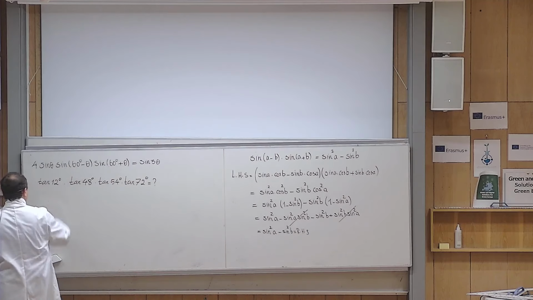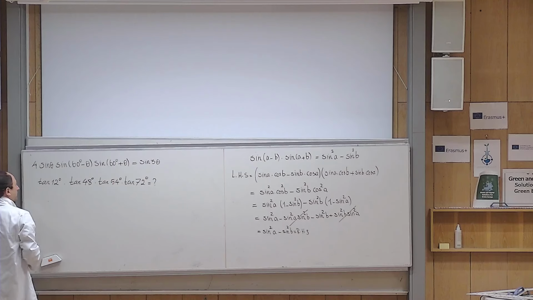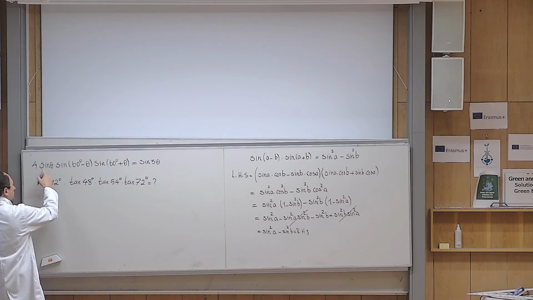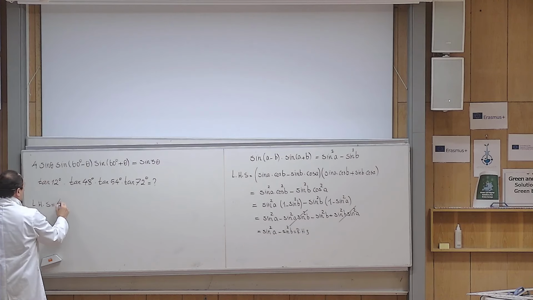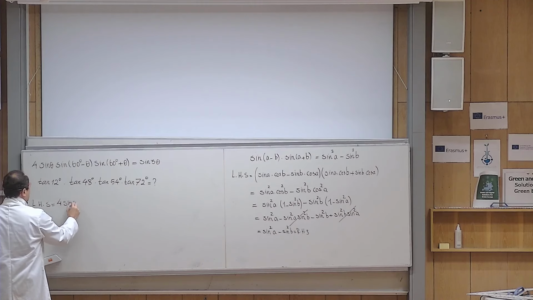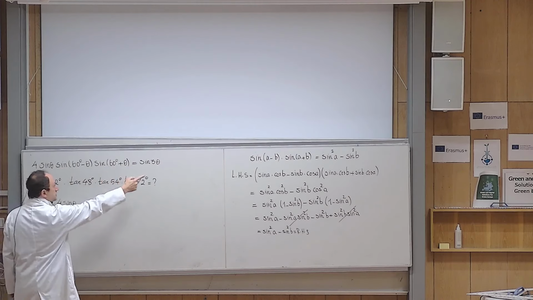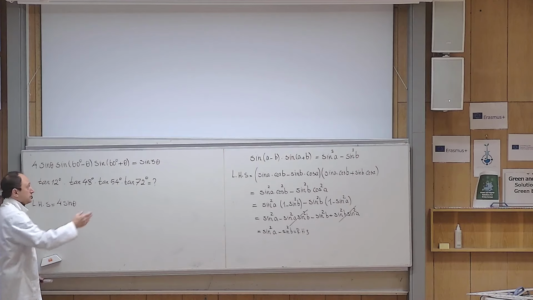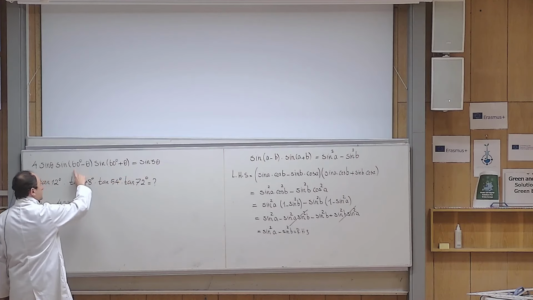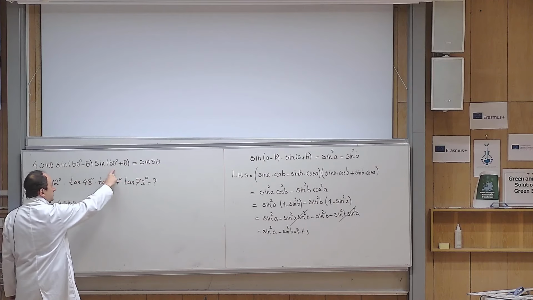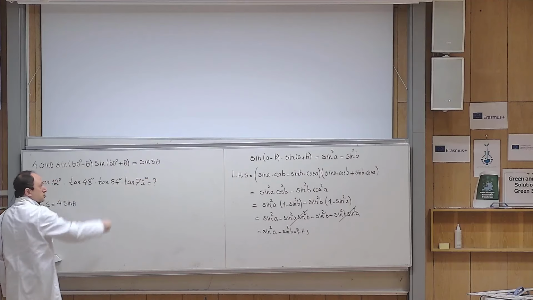Now I go back to the main problem here. I want to start from the left-hand side. Nothing I can do for this, so let me copy and paste this one. But this part is exactly that identity, as I told you before. Give the role of A to 60 degrees and give the role of B to theta, and this product becomes that, so I can use that identity.